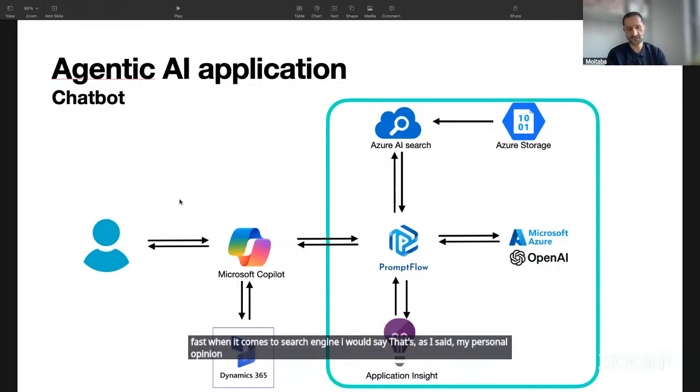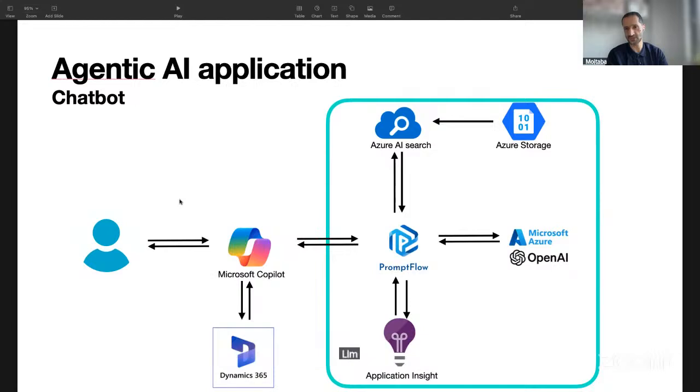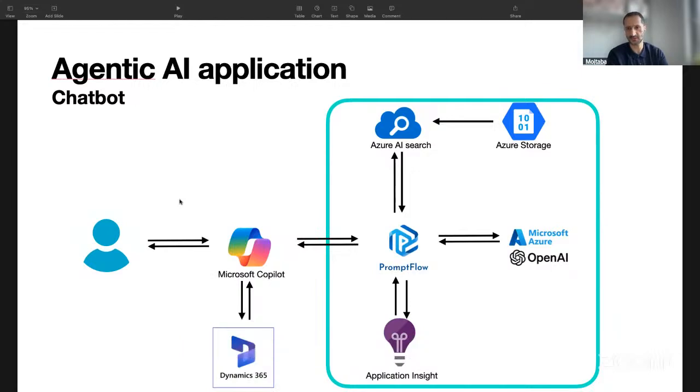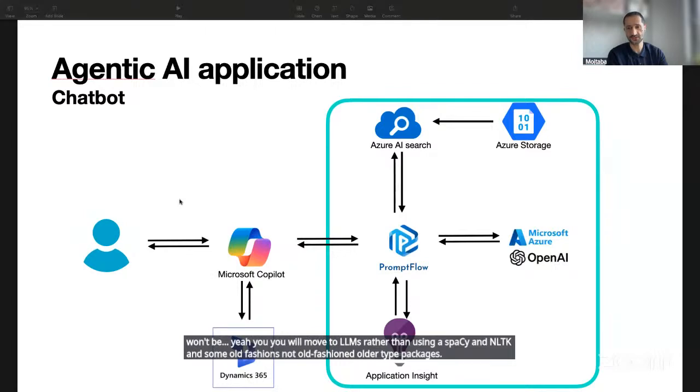But obviously, for topic modeling or sentiment analysis, LLMs are much more powerful at capturing the context information. You will move to LLMs rather than using Spacey and NLTK and some older type packages. Does it answer your question?